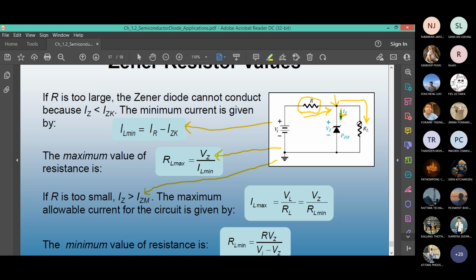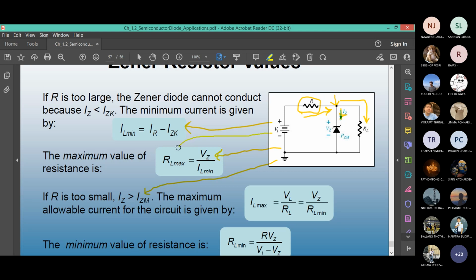If you take the load voltage divided by the load resistor, the load voltage now will be VZ, assuming the zener is operating. If you divide something by minimum, you're going to get the maximum. So IL maximum is the voltage divided by minimum RL. As you can see, there are two considerations for your load resistor.